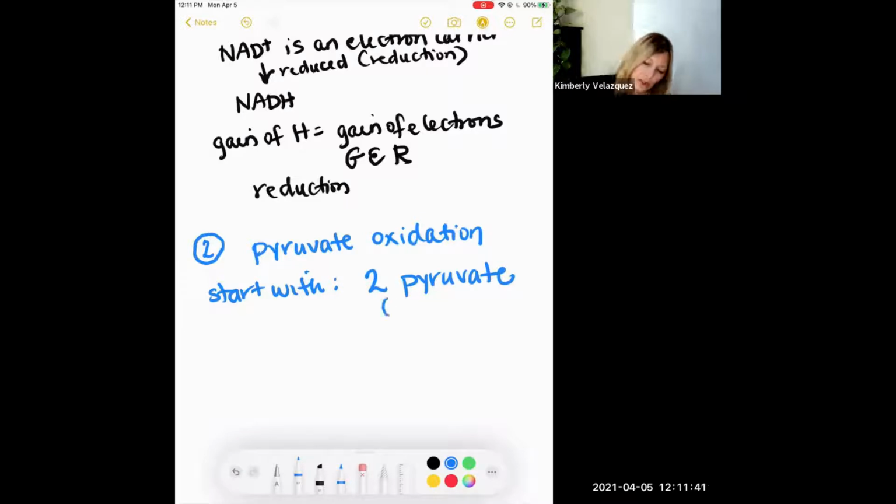These are each 3 carbon molecules. 3 carbon molecules cannot enter the citric acid cycle. A carbon needs to get shaved off from each of those. This used to be called the grooming stage. It used to be called the transition stage. It's had a number of different names. It even still has a number of different names. For this class, we're calling it pyruvate oxidation.